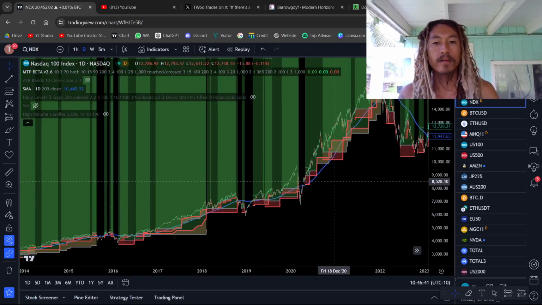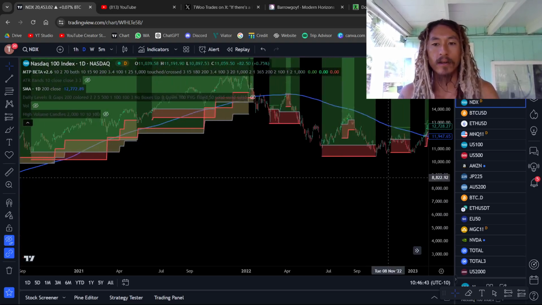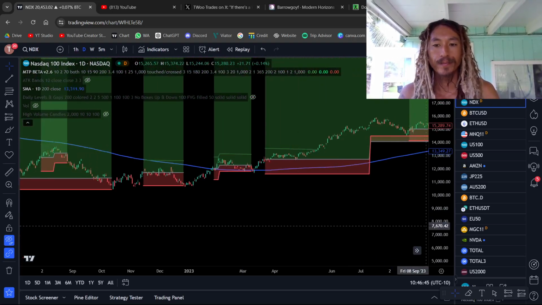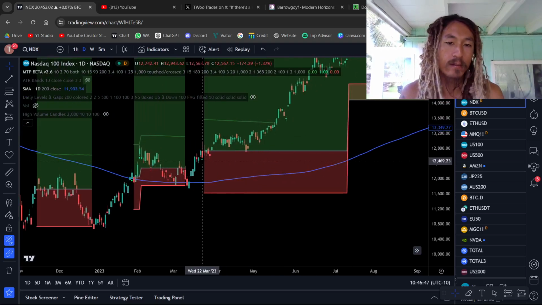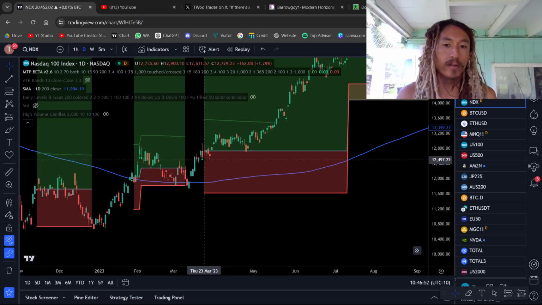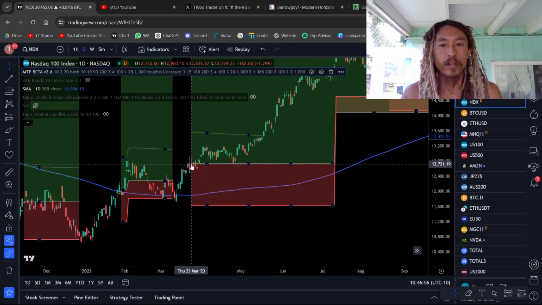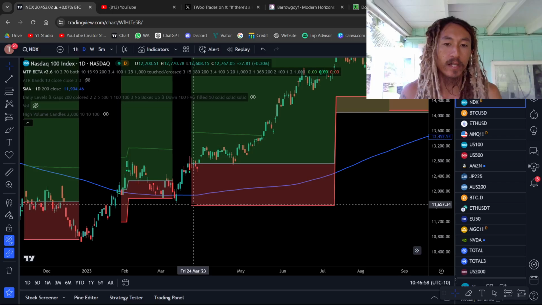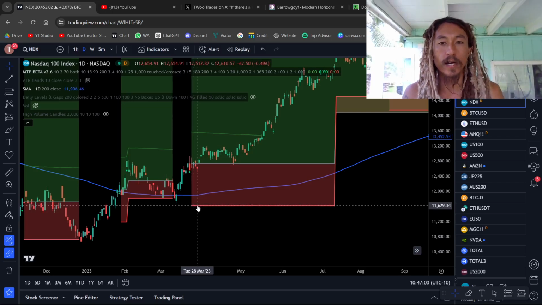Here's a quick rundown on how the indicator works. There are two entries: a dip buy and a breakout. The green is telling you to get in. The gray is the average position. The orange line is our stop loss.